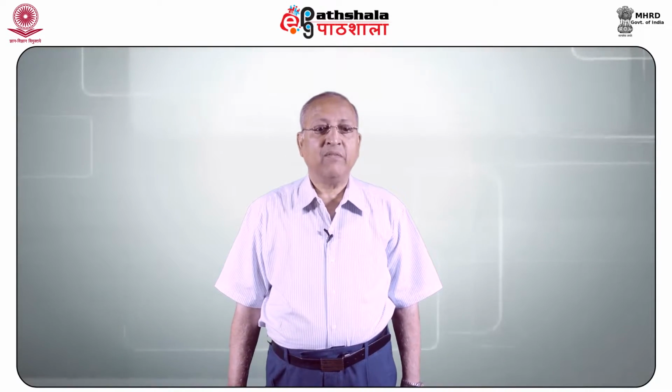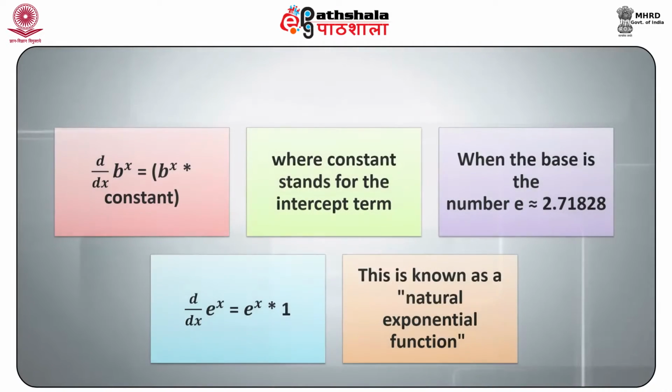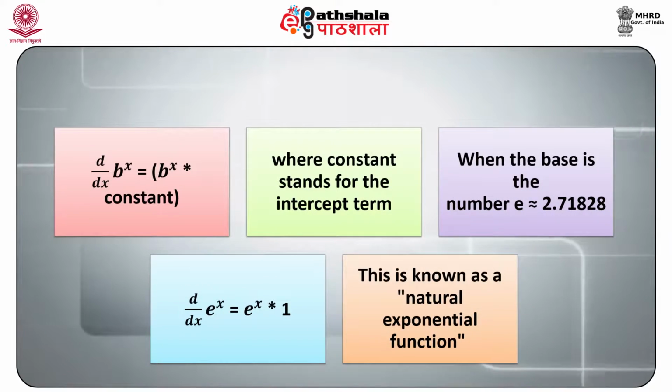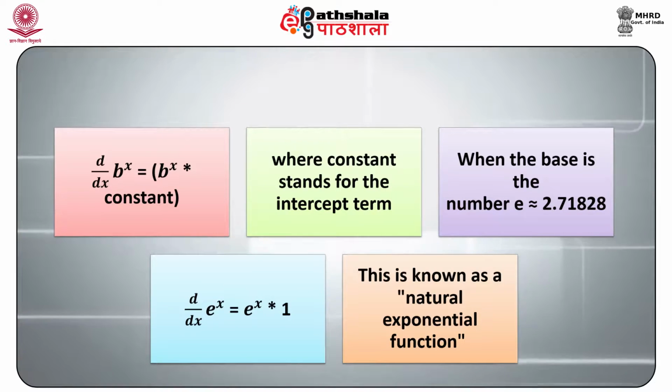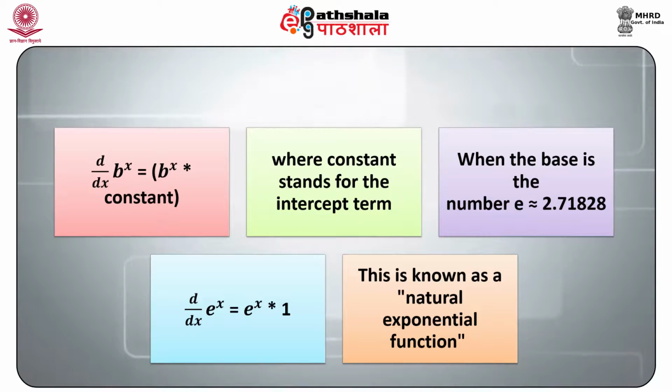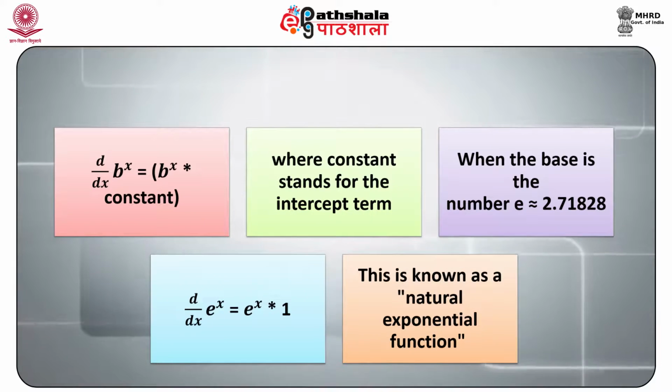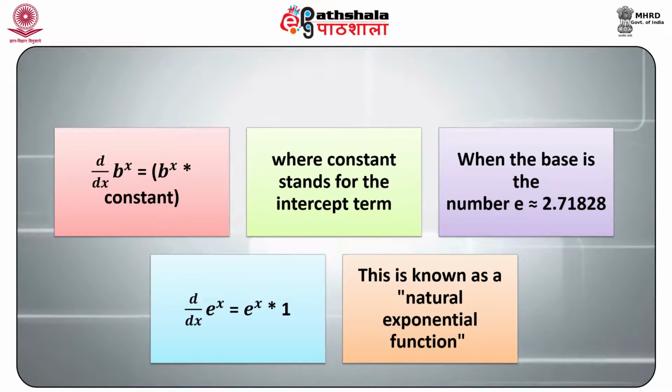So we have the differentiation of b^x with respect to x, which is equal to b^x times a constant, where the constant stands for the intercept term and where the base is the number e, which is approximately equal to 2.71828.